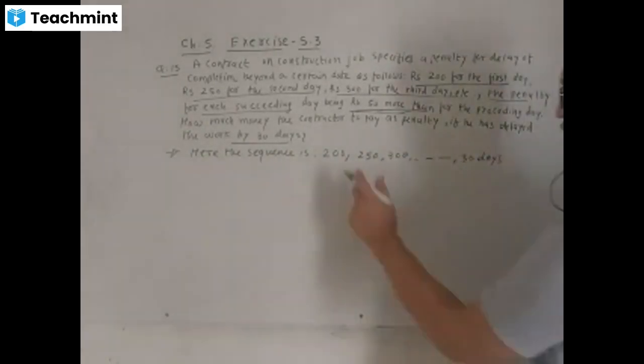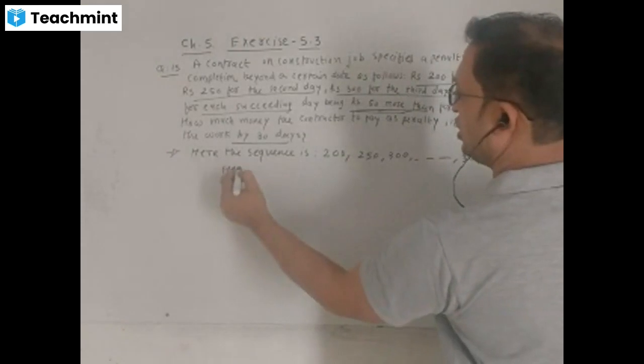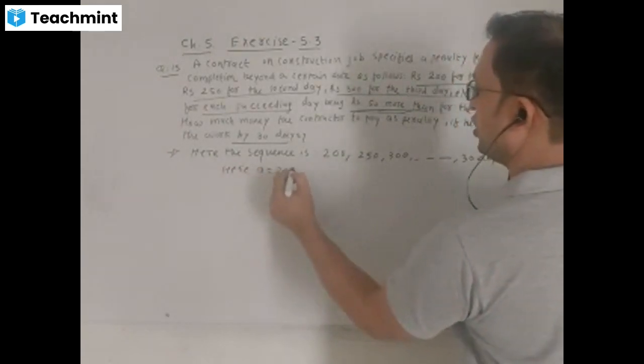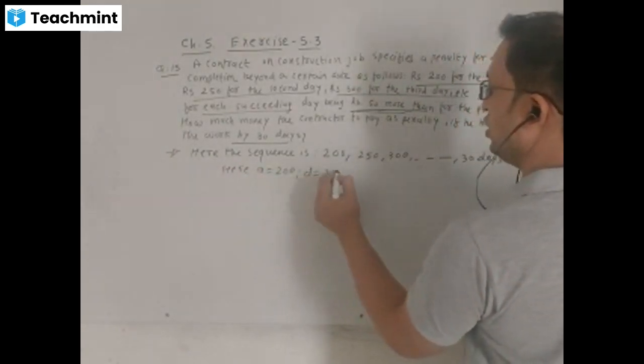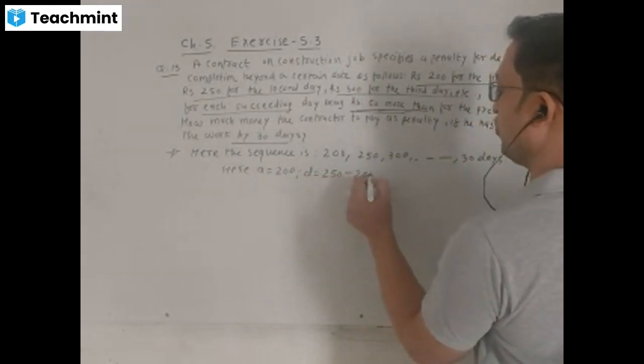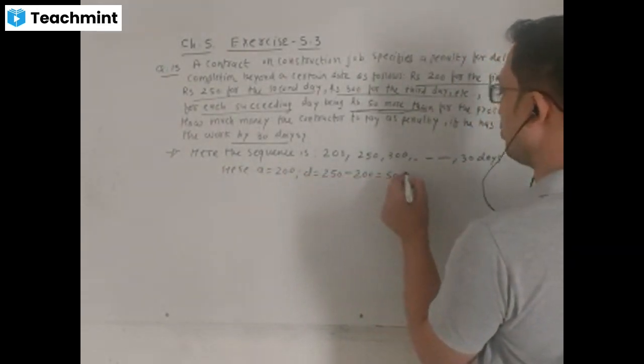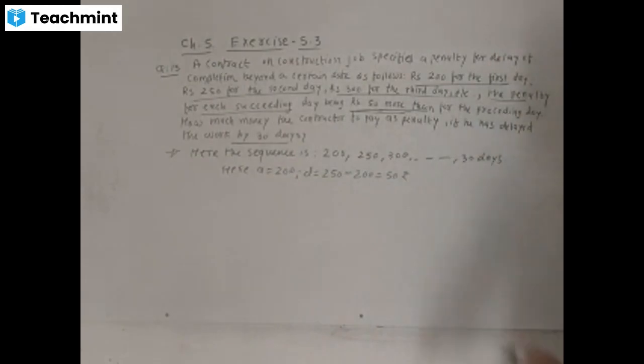Therefore, what is A? Here A is equal to 200. What is D? Common difference D is equal to 50 rupees. And the number of days N is equal to 30 days.